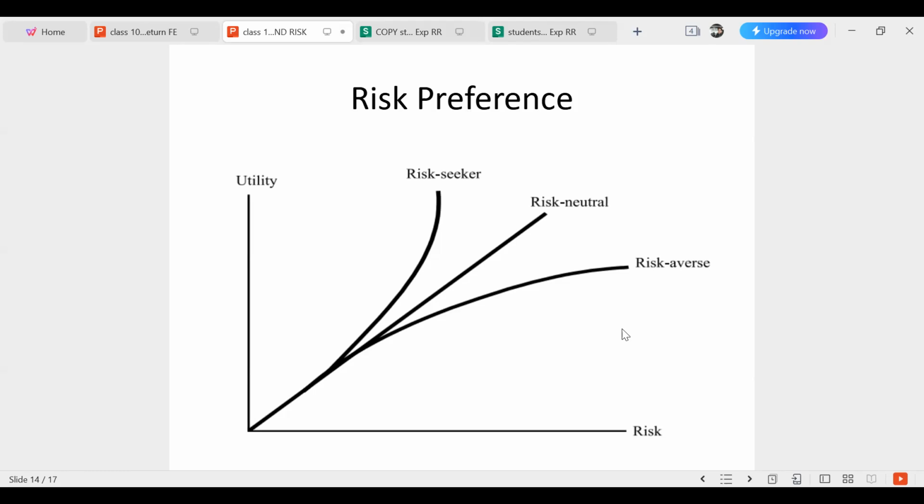So depending upon the risk factor, it is divided into three. One is risk taker, who wants more risk for higher return. Risk neutral, who doesn't care about the risk. They simply see the return. Okay. And risk averse is who doesn't want risk, whatever the return may be.